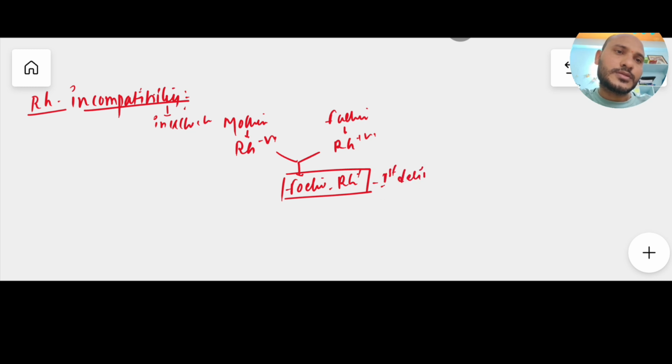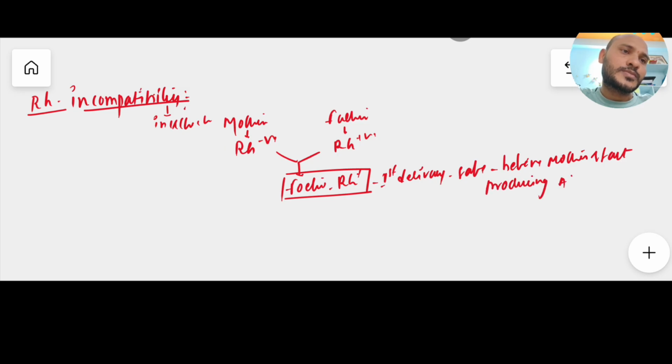The first delivery becomes safe because before the mother starts producing antibody against the Rh antigen, the baby gets delivered.